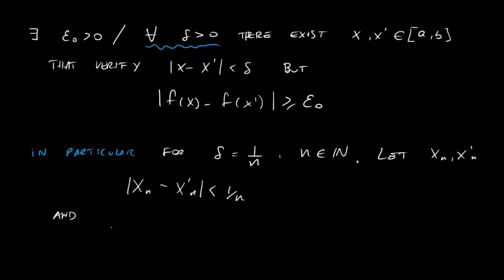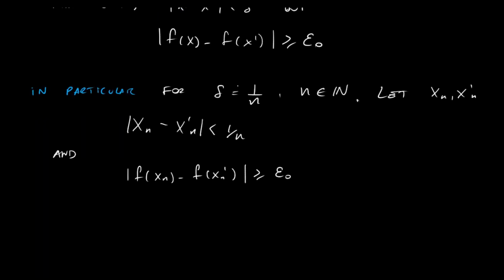And f of x sub n minus f of x sub n prime is greater than or equal to epsilon 0. So now we did this for one natural number, and we can continue taking other natural numbers.